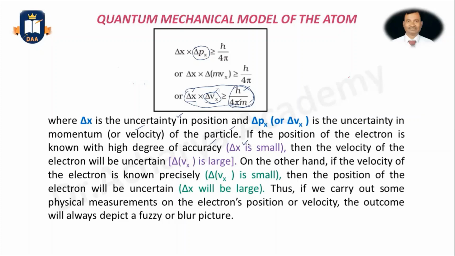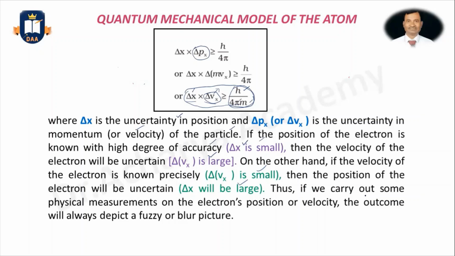So delta x is small, then delta vx is large, and vice versa. When delta vx is very small, that means when the momentum or velocity has a high degree of accuracy, then delta x will be very large. That means the position is more uncertain in nature.